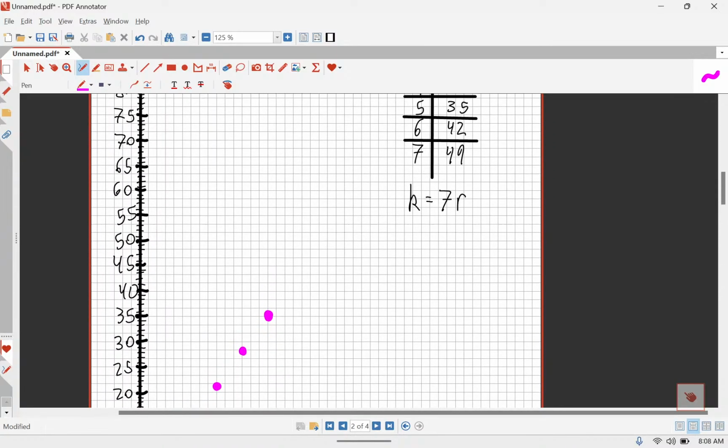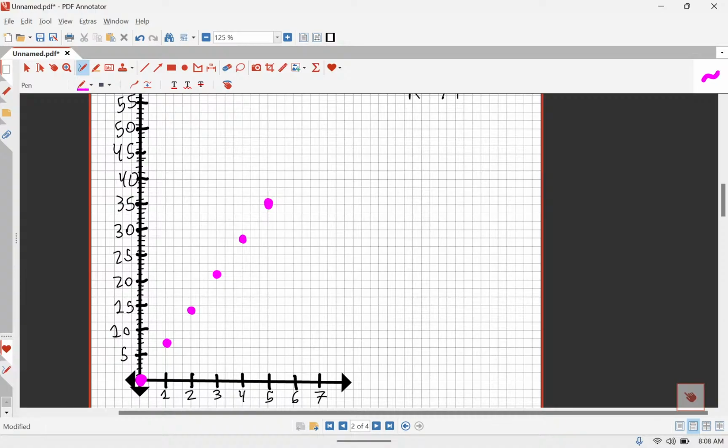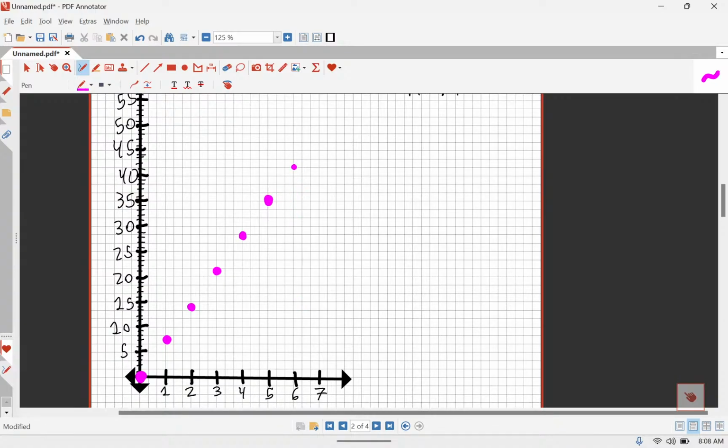Yeah, it's by East. 6 and 42, 7 and 49. Yes. Threes and nines? Where'd you guys go? Eastwood?